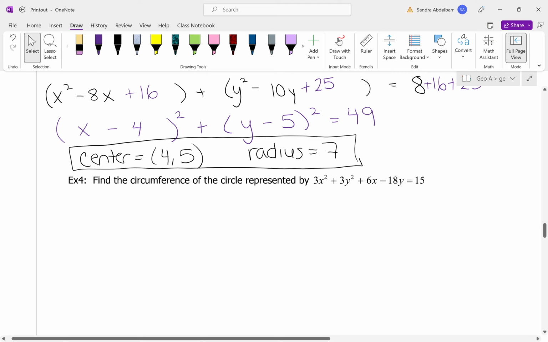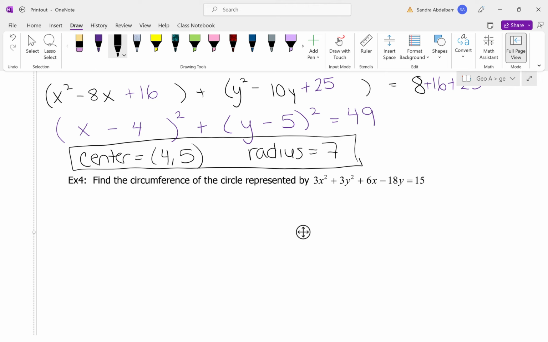Okay, find the circumference of a circle represented by 3x squared plus 3y squared plus 6x minus 18y equals 15. Well, when they say find the circumference, that means they want C equals 2 pi r. In order to identify the circumference, we need the radius. Does anybody know anything I can do to this equation to make it simpler?